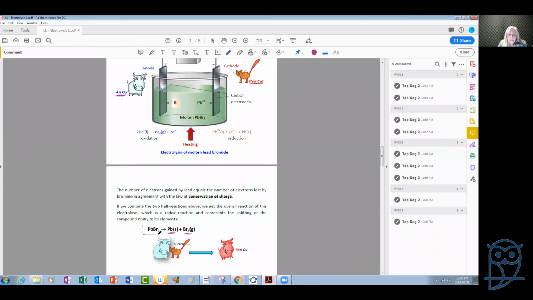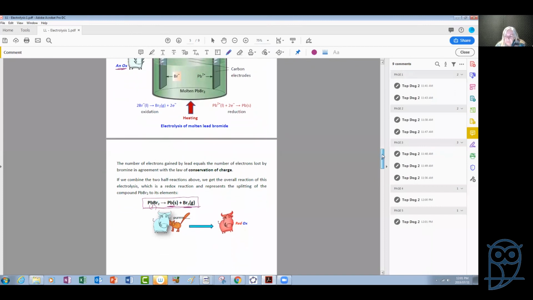This is actually the final reaction, the moral of the story that happens inside this electrolytic cell. This compound in molten state, this liquid, with the help of electricity, breaks into its elements, lead and bromine. This is the overall reaction, and we see that it is a redox reaction.